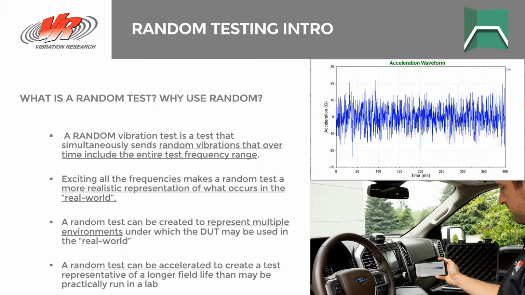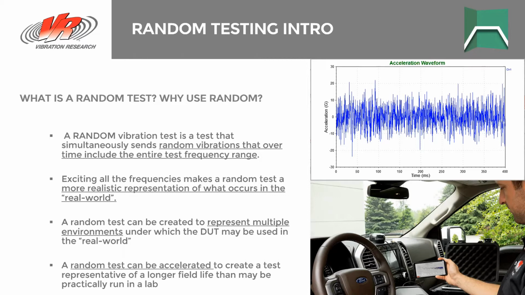Now, the output follows a probability, but we can never say we know for certain what's coming next, right? So we say that because it's exciting all these frequencies at once, because it's very random, it's a realistic representation of the real world. So we say that random testing simulates the real world.